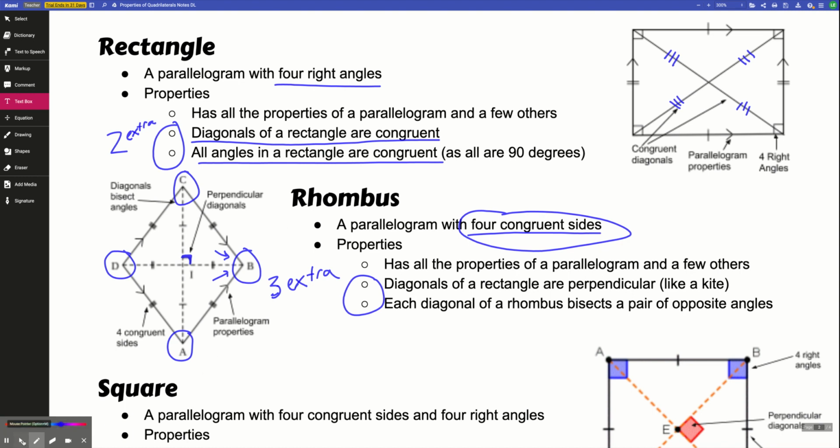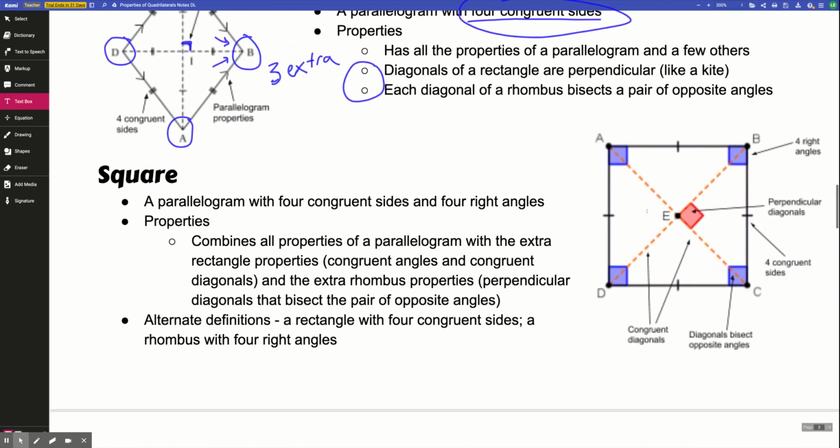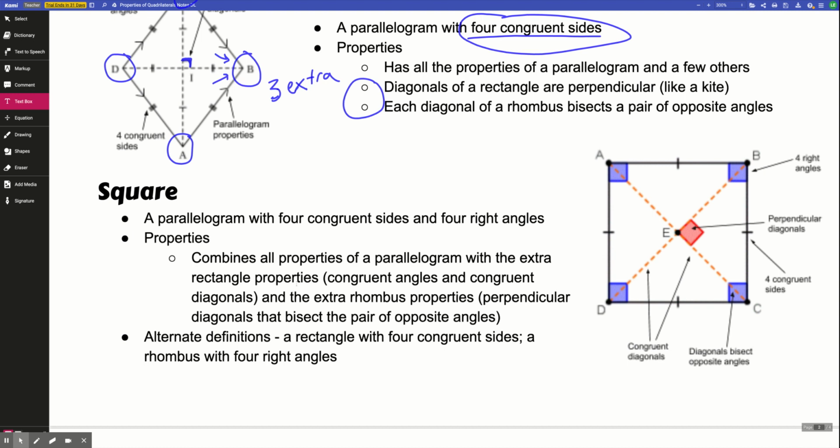Okay, then the very last type of quadrilateral is a square, right? Which combines all the properties of the parallelogram. So opposite parallel sides, opposite congruent angles, diagonals bisect each other, okay, with the extra rectangle properties, meaning you have all angles that are congruent and all diagonals that are congruent, plus the extra rhombus properties.